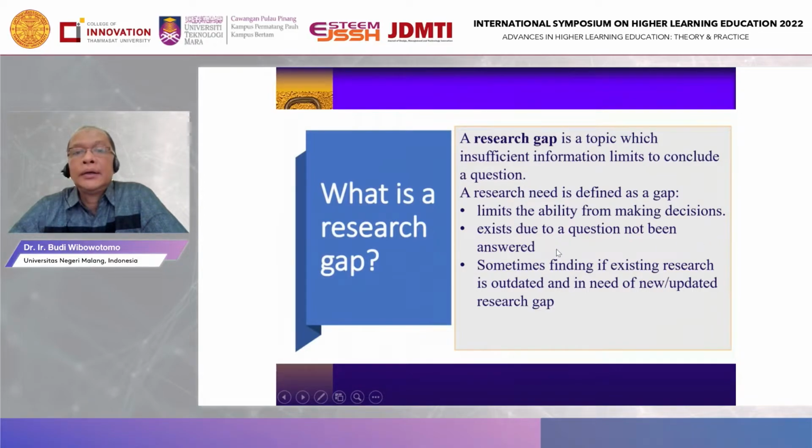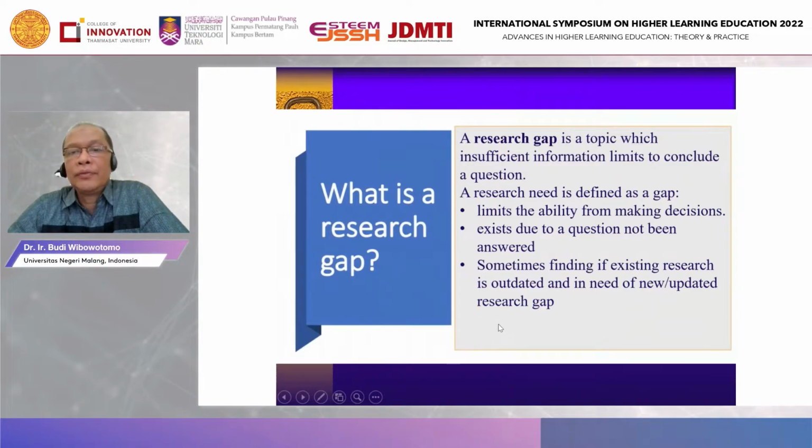And then, the research gap is also important to answer unanswered questions. For a phenomenon, for example, in a recent issue like COVID-19, we have so many unanswered questions because this is a new pandemic among our people.